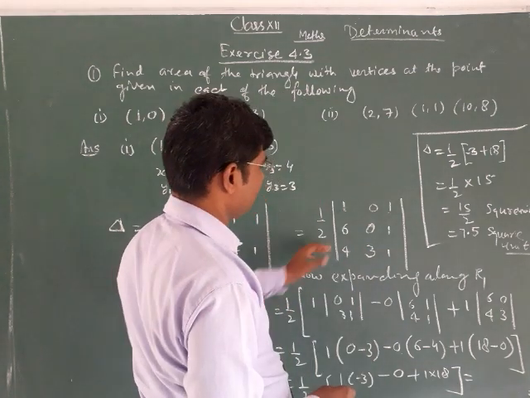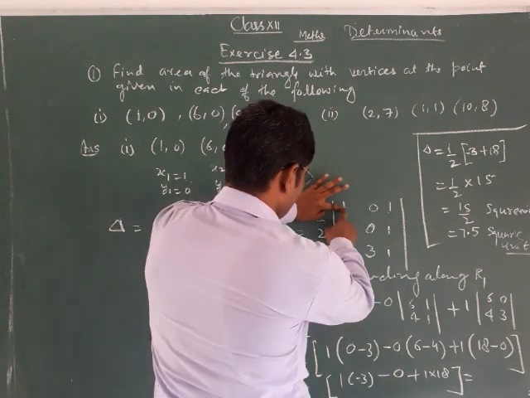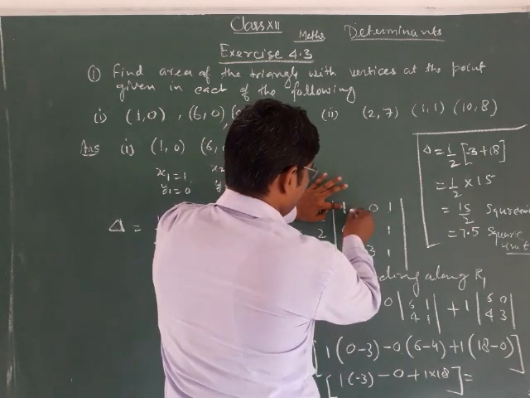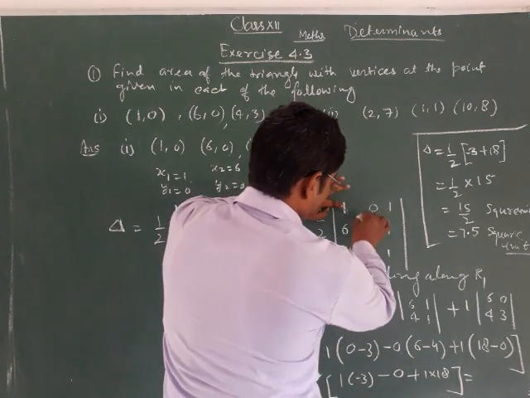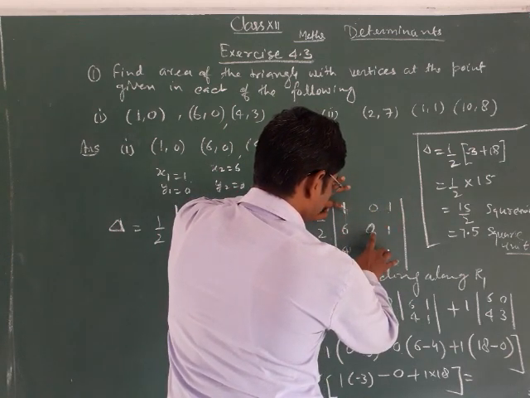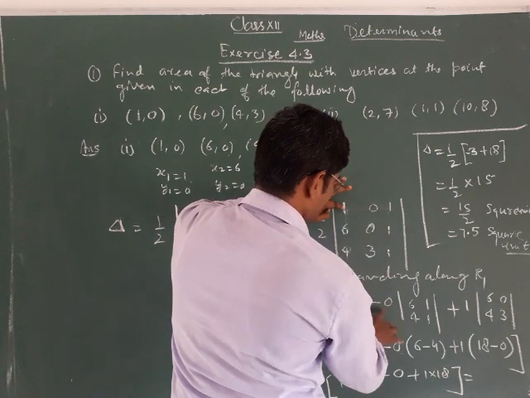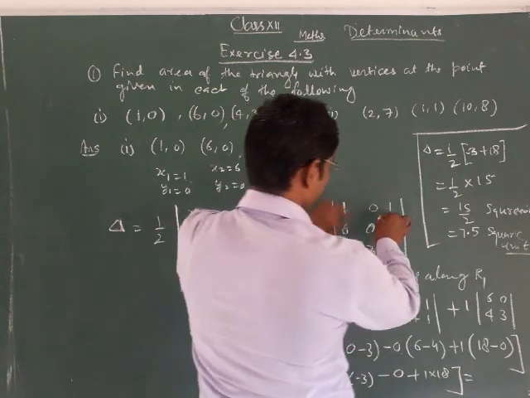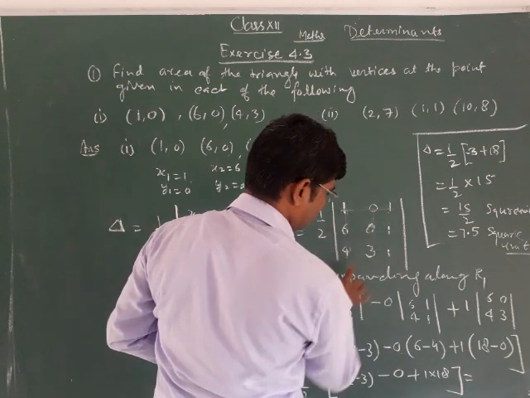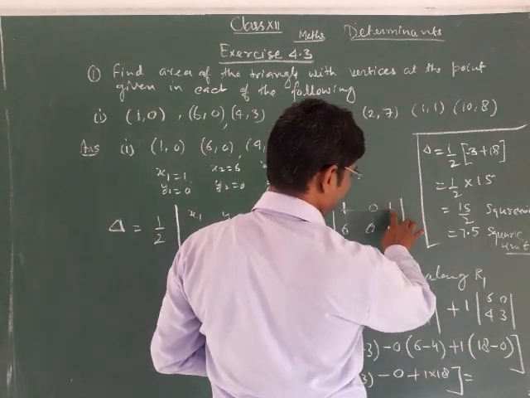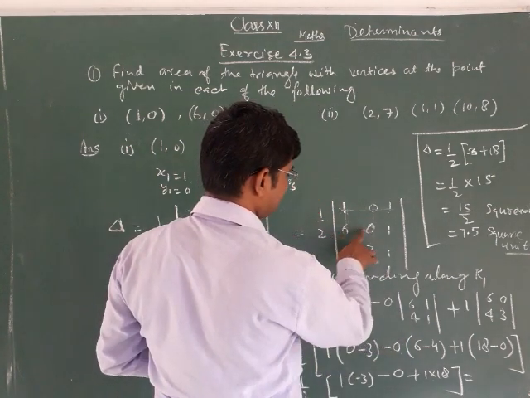Expanding along R1, we get 1, and the row and column are eliminated, with subdeterminant 0 3 over 1 1. Then take a negative sign: minus 6, with the row and column eliminated and the elements 0 3 over 1 1, and plus 4 with the subdeterminant 0 0 over 1 1.